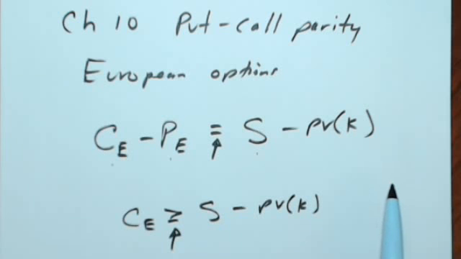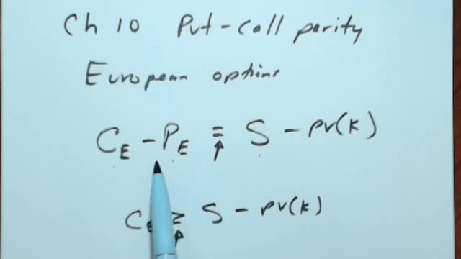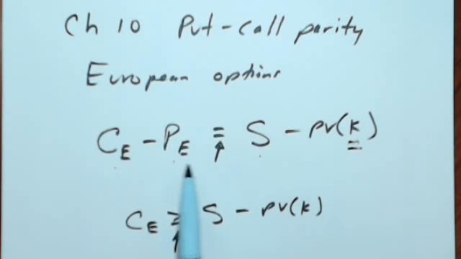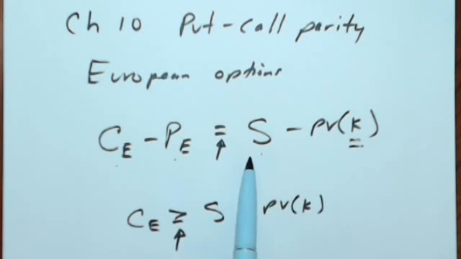So what I'm saying here is that at any given point in time, if you take the value of a call minus the put on the same stock with the same strike, and these options have the same expiration, so we just be careful, then these call options that are determined on the Chicago Board of Trade will match up with what the stock market's doing and what the treasury market's doing.